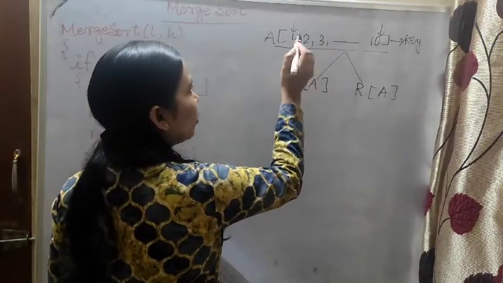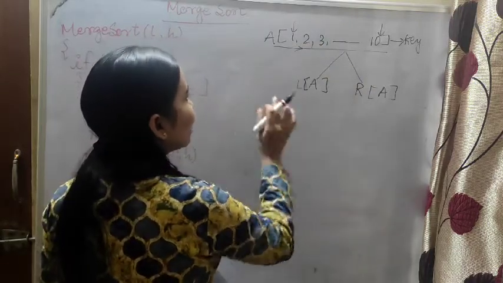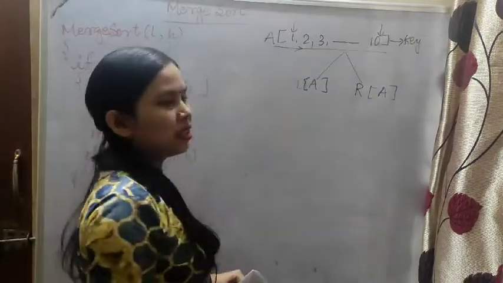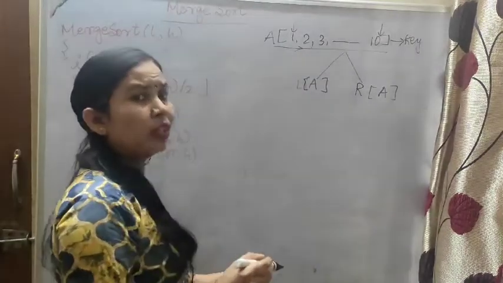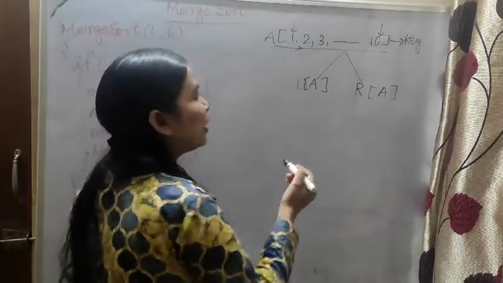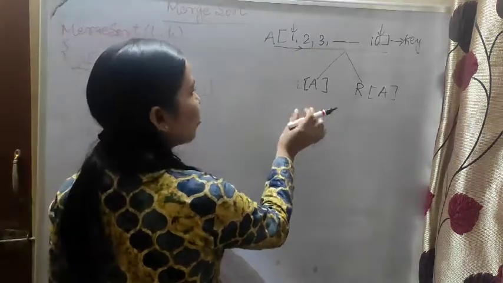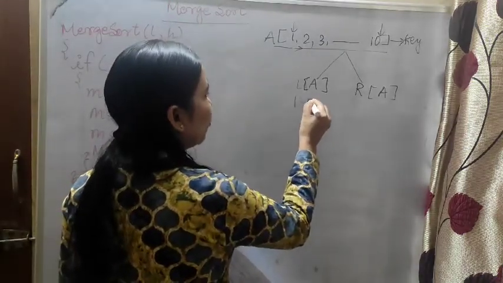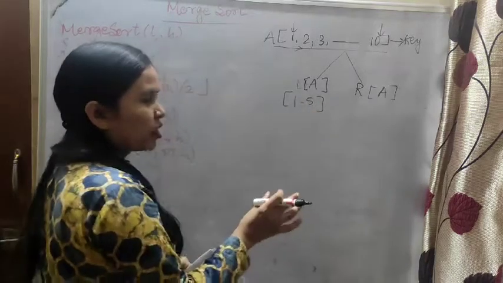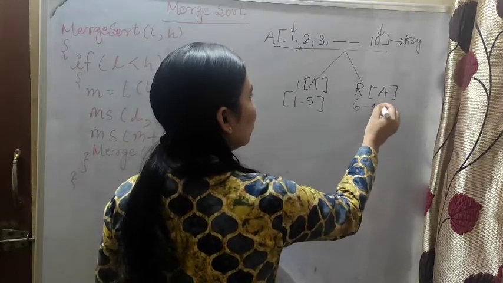The array length is 10, so it will be divided into two parts. 1 plus 10 is 11, and 11 by 2 is 5.5. Then we take only the floor value. So that is why 1 to 5 will come in the left subarray, and in the right subarray 6 to 10 will come.